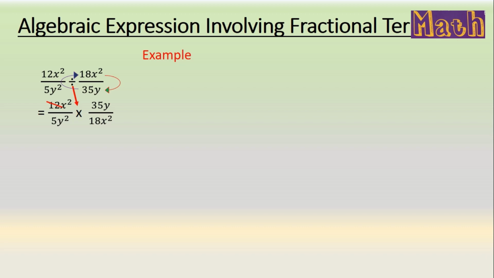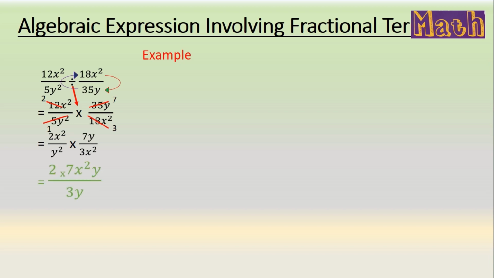When you pick 18 and 12, the highest number that can divide both 18 and 12 is 6. 6 will divide 12 two times and divide 18 three times. Then I have 5 and 35. What number can divide 35 and 5y squared itself? That is 5. 5 divides itself 1 time and divides 35 seven times. So we now have 2x squared times 7y over y squared times 3x squared.